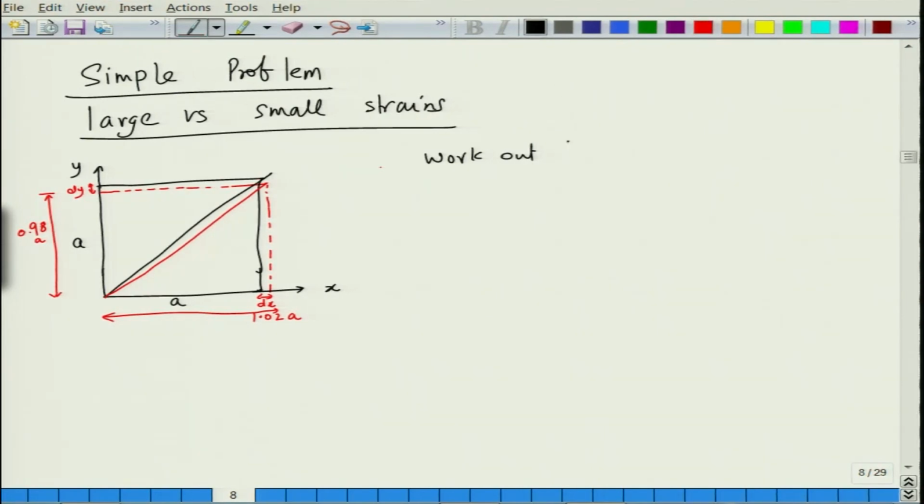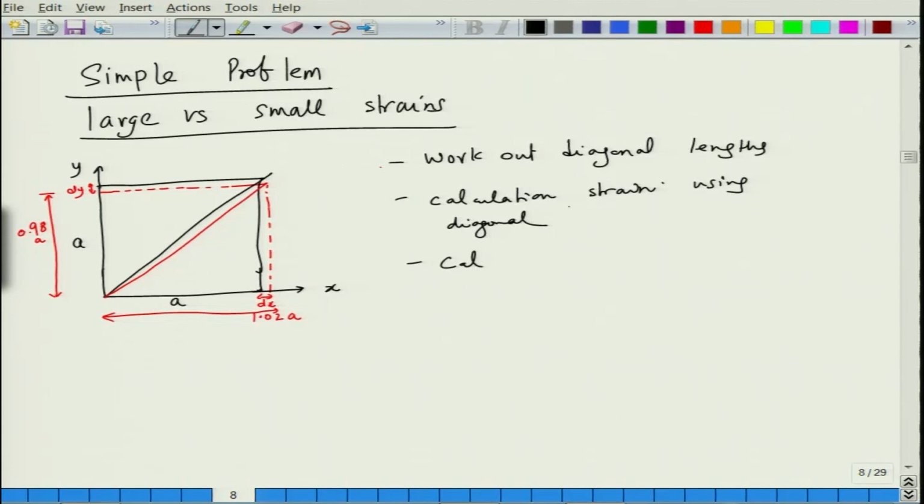So work out diagonal lengths, calculate strain using diagonal, and then calculate strain using the transformation. So let us say this is the reference axis.